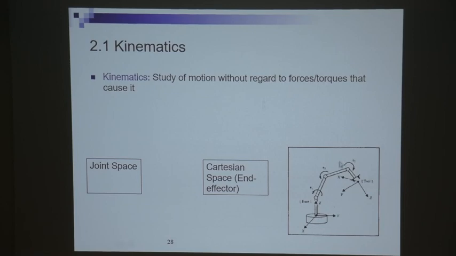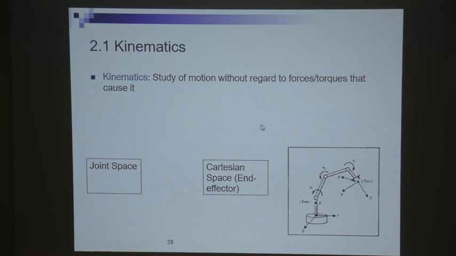So you need to know the joint, and you need to know the link. This is a joint, this is the link, and this is the base. At every base, you assign a coordinate system. And then at the end of the end effector itself, at this point, you also have a coordinate system. So this is a coordinate system, this is another coordinate system.